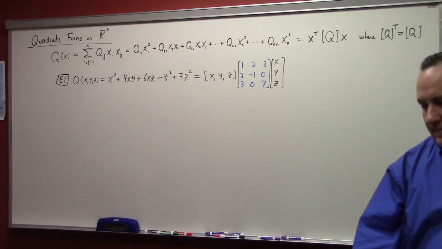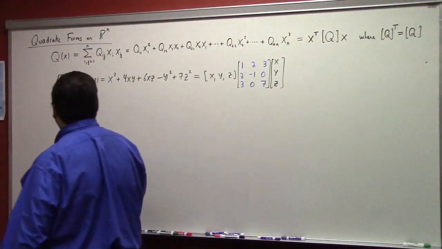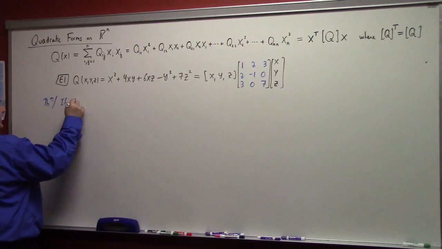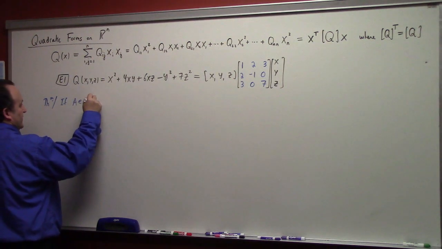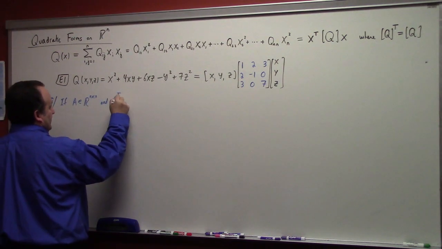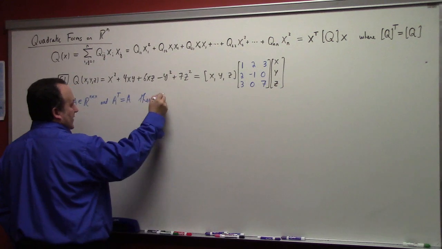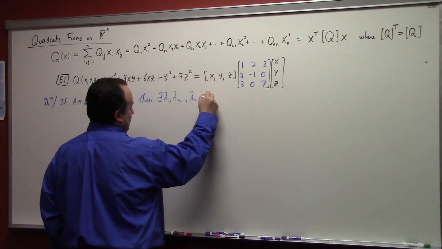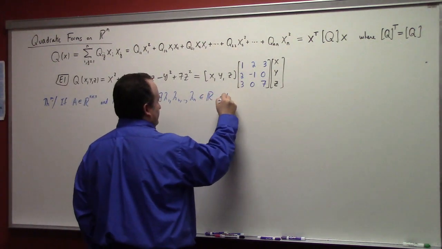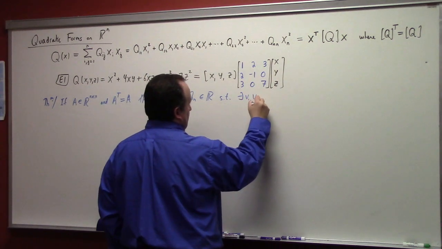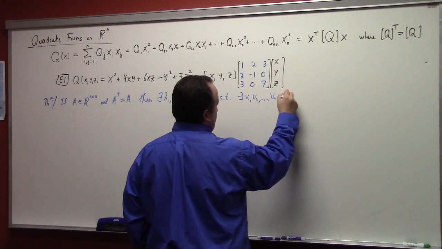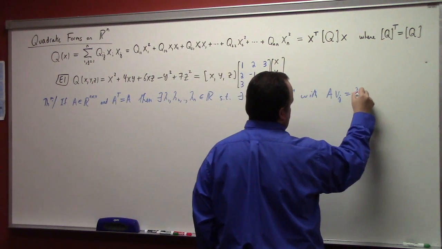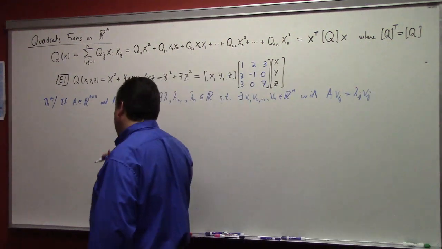All right, so theorem. If A is an n by n real matrix and A transpose is equal to A, then there exist real numbers lambda 1, lambda 2, ..., lambda n, and there exist v1, v2, ..., vn in Rn with A vj equals lambda j vj, right?